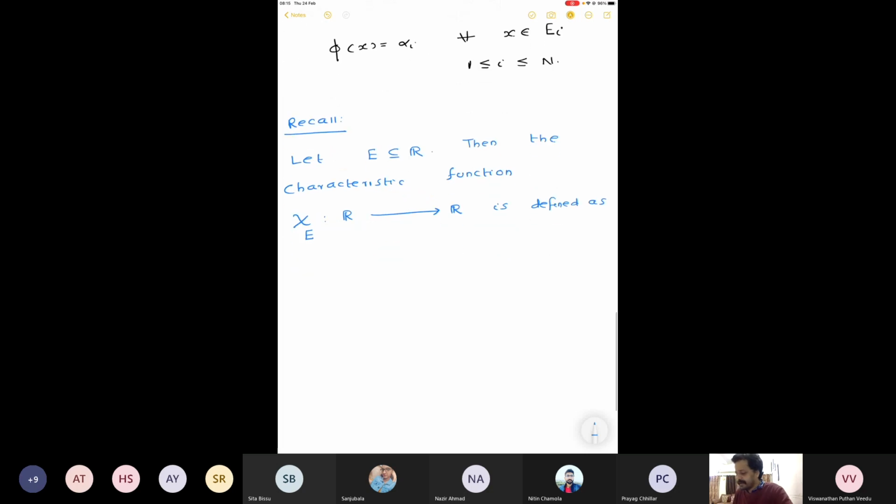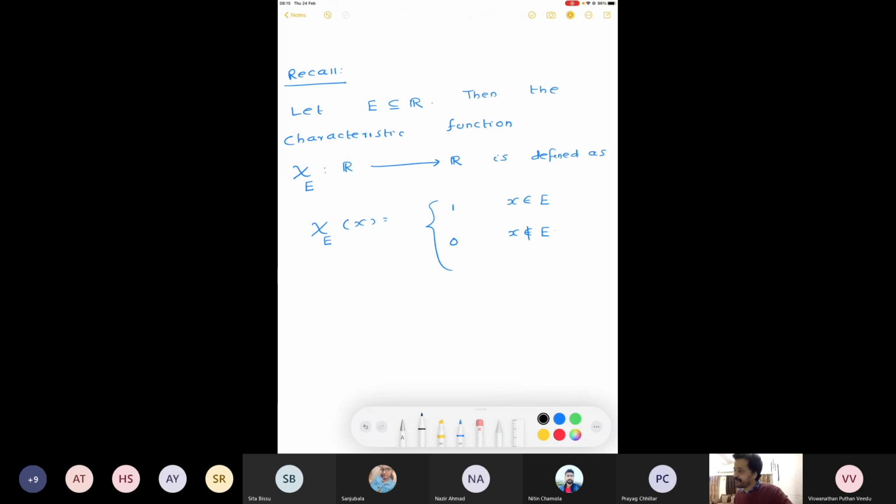As you all know, chi E acting on x will be equal to 1 if x is in E. Whenever you hit E, the function will switch on, and whenever you are outside E, the function will be switched off: 0 when x is not in E. So this is the definition of the characteristic function.